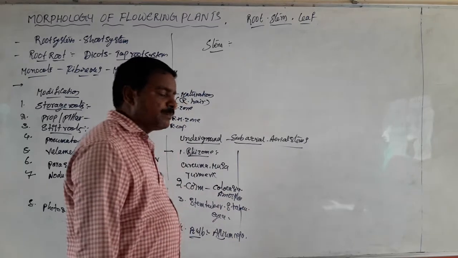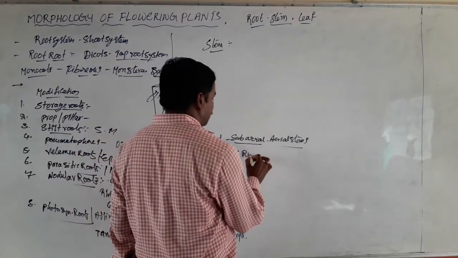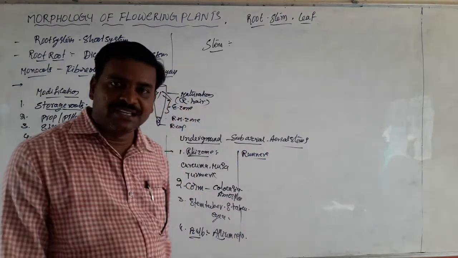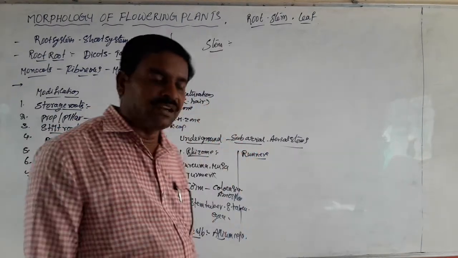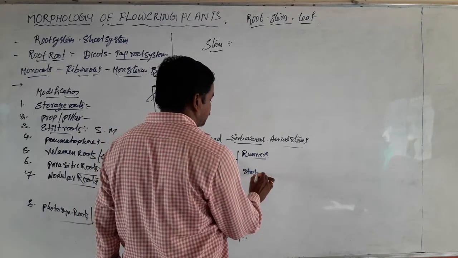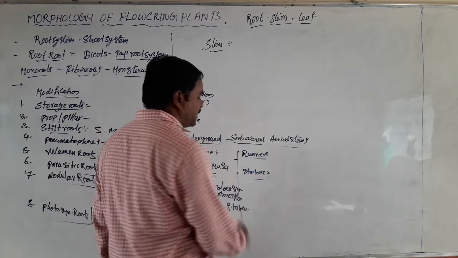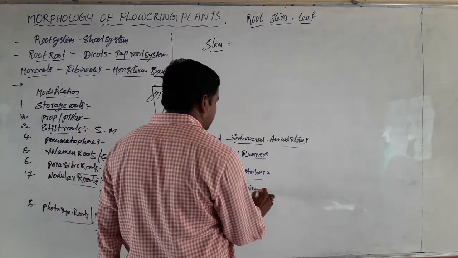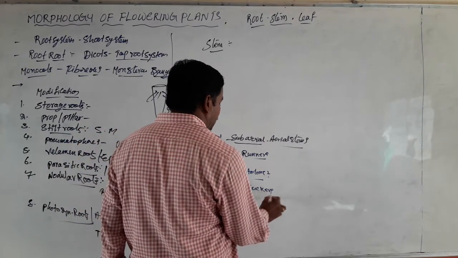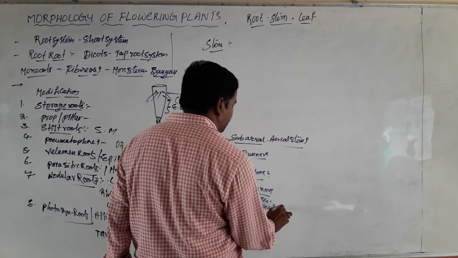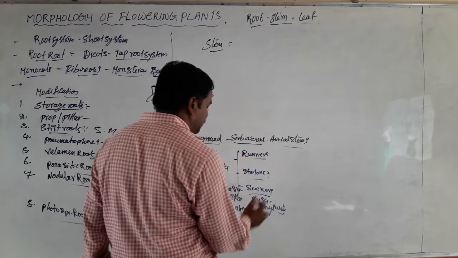Similarly, sub-aerial stem modifications are of 4 types. One is runners. Examples: Oxalis, grasses, strawberry. The second one, stolons: jasmine, Nerium. Then suckers. Examples: Musa and chrysanthemum.